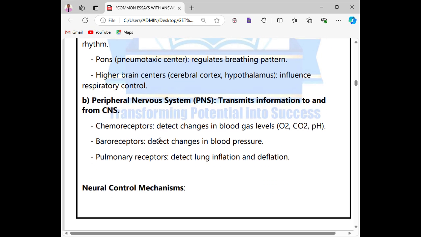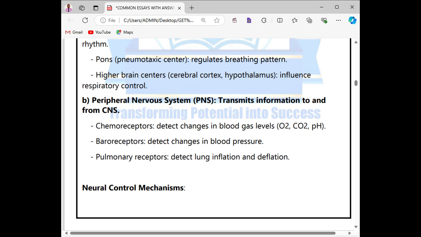And then we have the peripheral nervous system. The peripheral nervous system basically just transmits information to and from the central nervous system. Under the peripheral nervous system, we have components such as chemoreceptors.